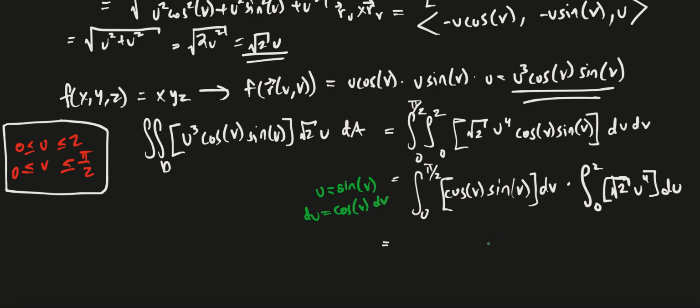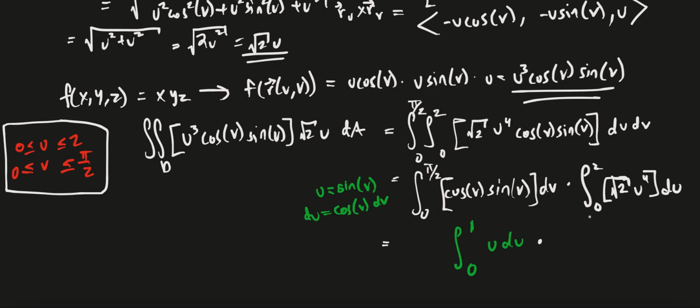So cosine v dv is du, and then the integral goes from sine of 0, which is just 0, to sine of pi over 2, which is 1. So 0 to 1. That's that. And then multiply that by this thing.